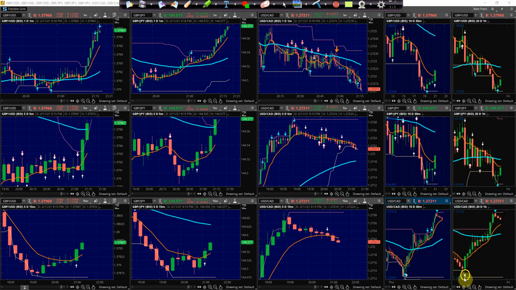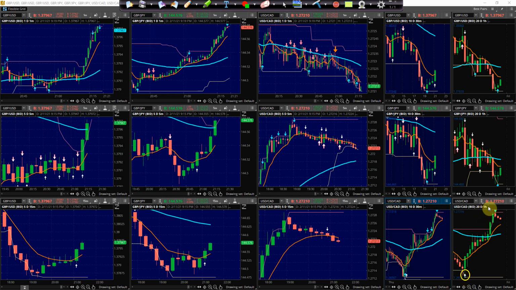You start with the 1 hour, you always start with the longer terms, and look for the last white, pink, or super arrow. Then we go to the 30-minute chart, and we look for the last white, pink, or super arrow in the same direction as the 1 hour chart.